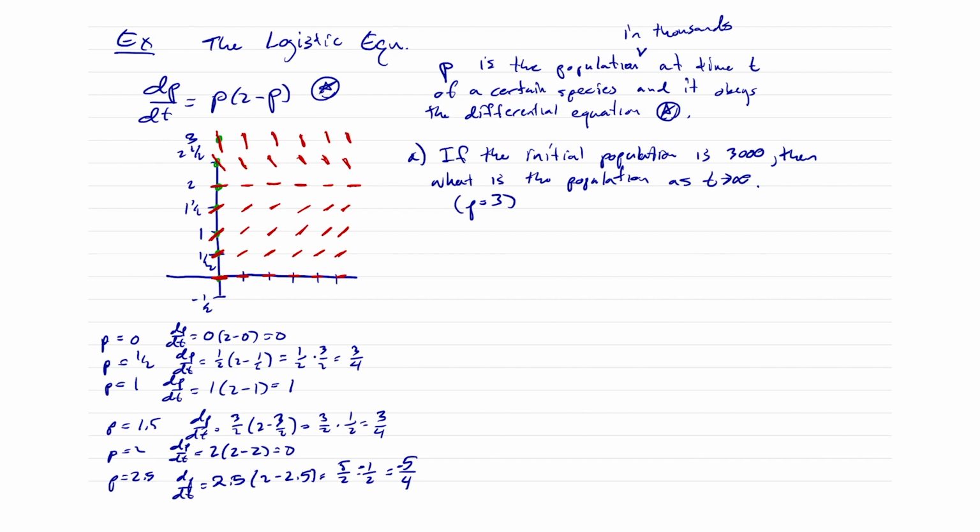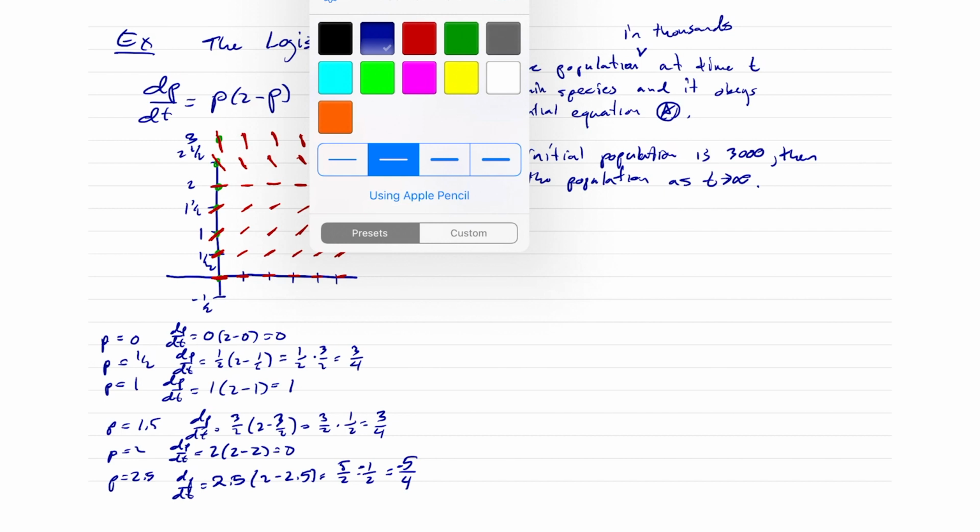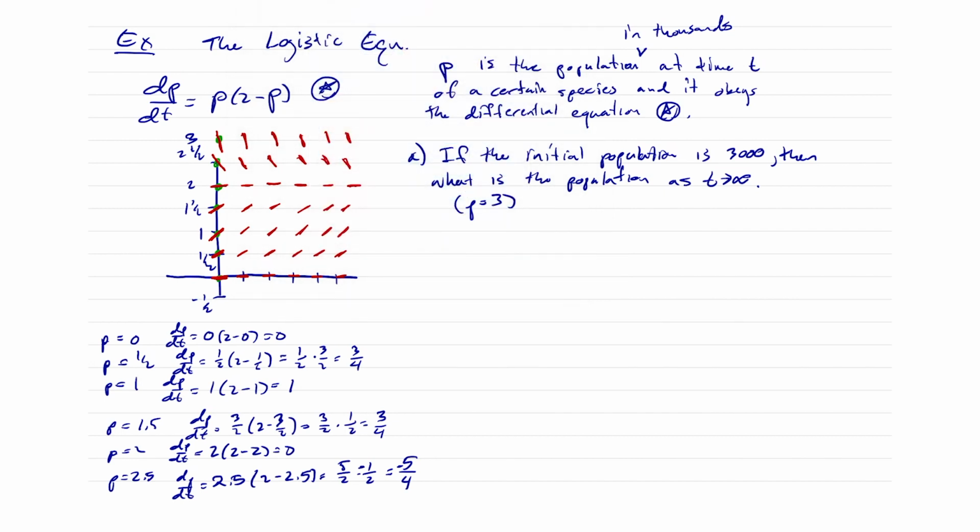So let's go ahead and write this in pink, I guess. So the solution is the population will tend to 2,000 as t goes to infinity.